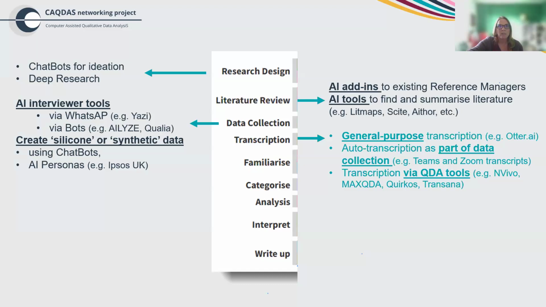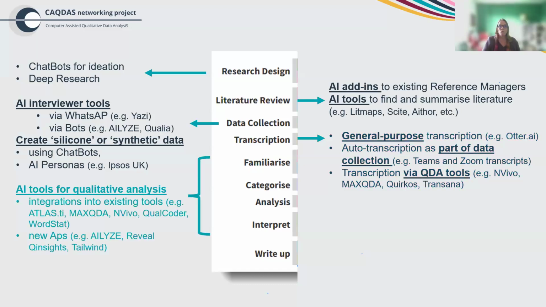For now, what I want to do is move on to the next four general phases: familiarize, categorize, analyze, and interpret, which for me are the core formal analytic phases of a qualitative project, although we're making analytic decisions all the time.